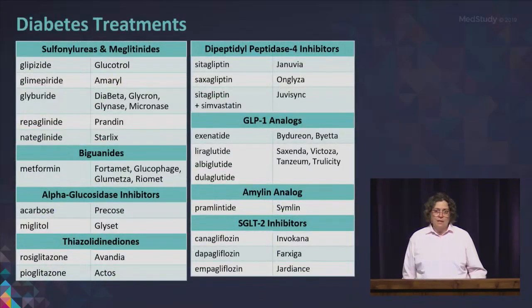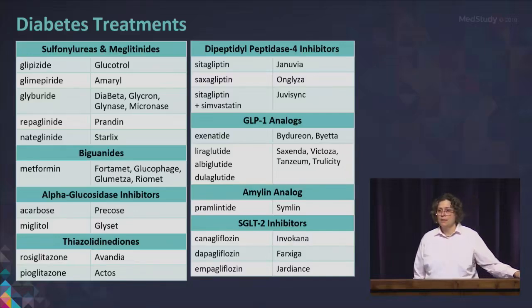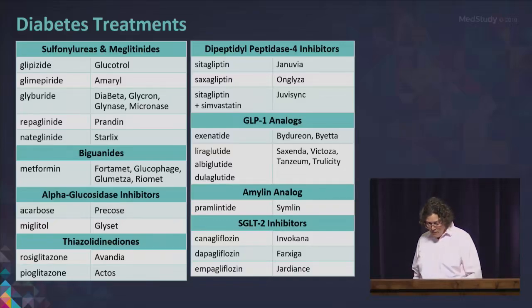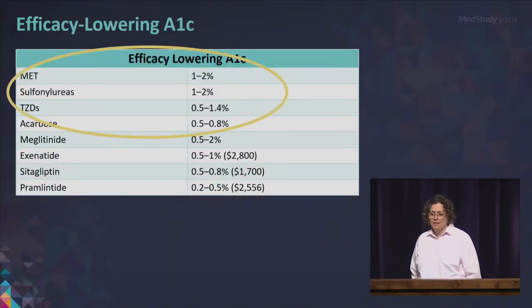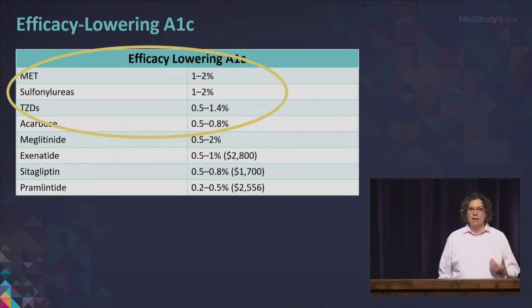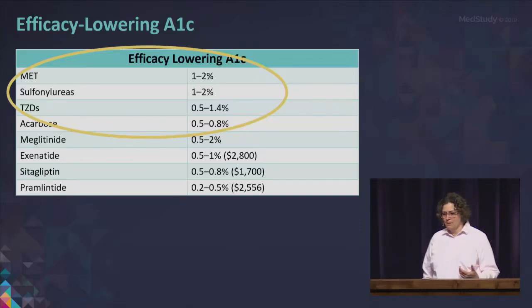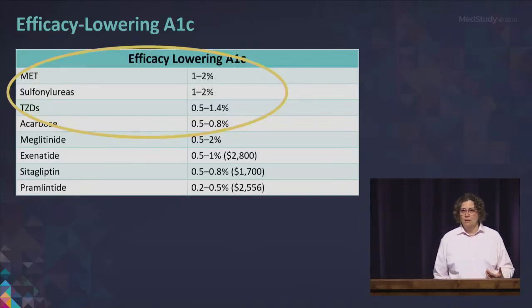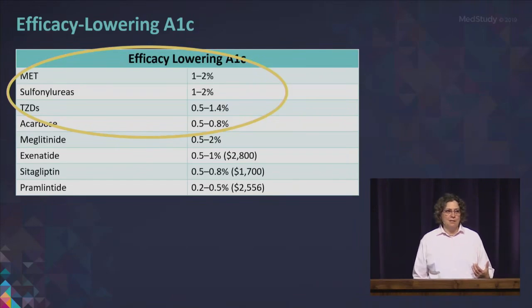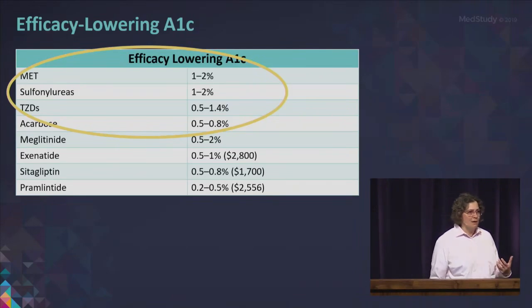So treatment for diabetes, it is complicated. There are a lot of families of medications out there, and it is getting more sophisticated the more trials we do. But what you're going to find is that even though we have all these classes of medicine, some medicines are $3 a month, some medicines are hundreds of dollars a month, when you talk about the efficacy of any medication, it's about the same.